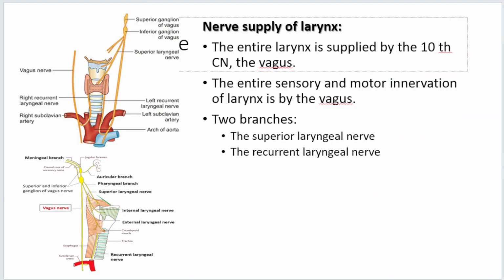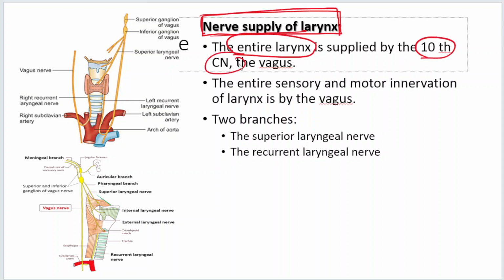Okay. Now coming to the nerve supply of the larynx. Remember this part: the entire larynx is supplied by the 10th cranial nerve, the vagus. That means the sensory innervation is by the vagus, and the motor innervation is also by the vagus.